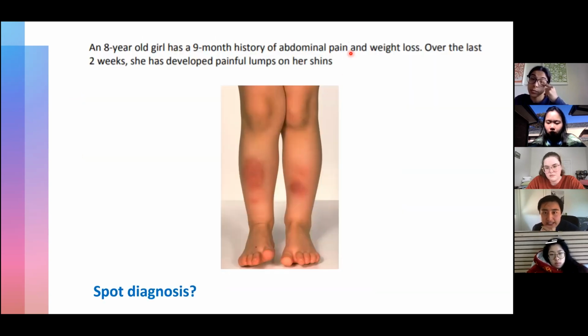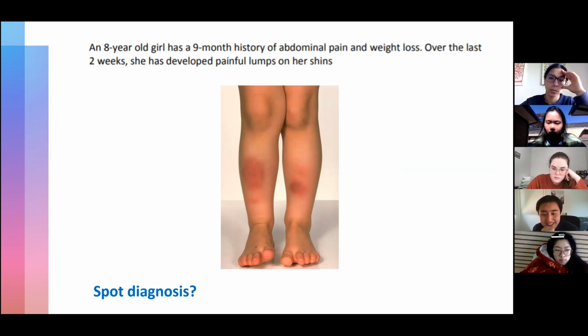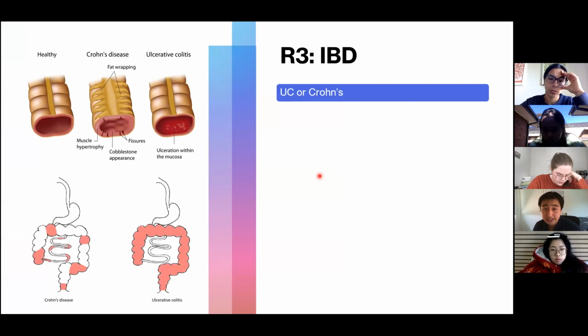Can you guys give me a spot diagnosis for this one? Good. Very good. Fantastic. A few of you pointed out that this is erythema nodosum, which is absolutely correct. This is a classic manifestation of IBD, and IBD is an R3 condition this year, so you don't need to know too much about it besides that it is a differential. As you know, you can have UC or Crohn's.